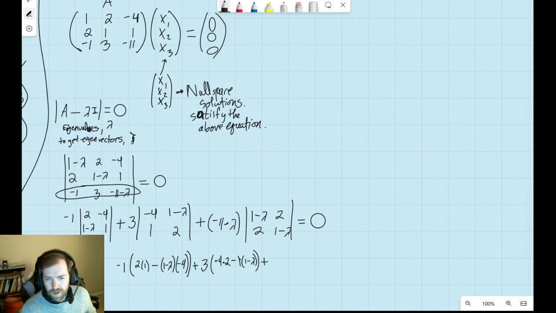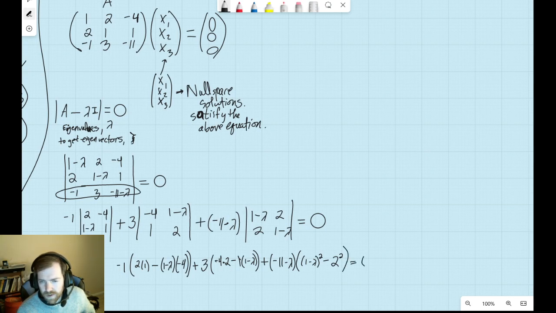And third one, plus -11 minus lambda times 1 minus lambda squared minus 2 squared equals 0.